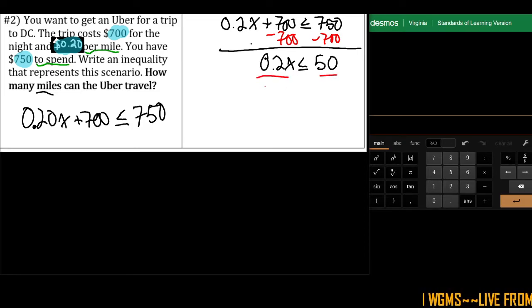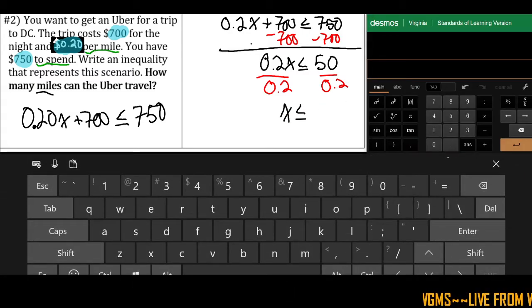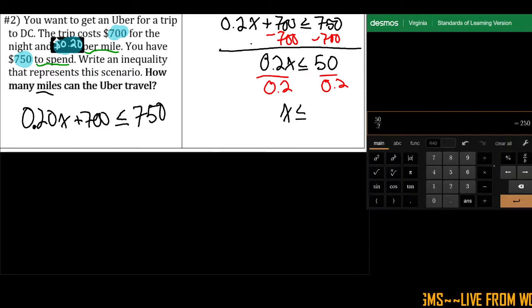Usually when you divide by a decimal value, you're going to get a larger number. So even though I am dividing, I'm going to get a larger number. So let's actually do it like this. I have x is less than or equal to, well, let's double check. I have 50 divided by 0.2, and so it's going to be a total of 250.